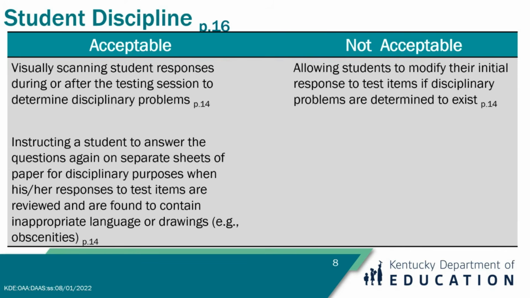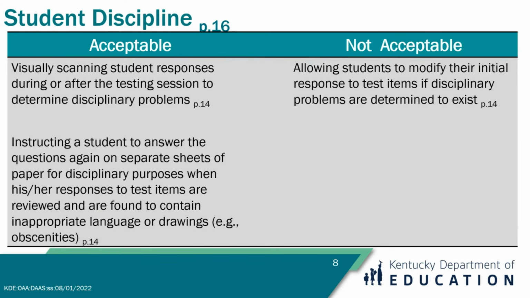When a student's responses to test items are reviewed and found to contain inappropriate language or drawings, the student may be instructed to answer the questions again on a separate sheet of paper for disciplinary issues. The original responses shall be submitted for scoring to the testing contractor.